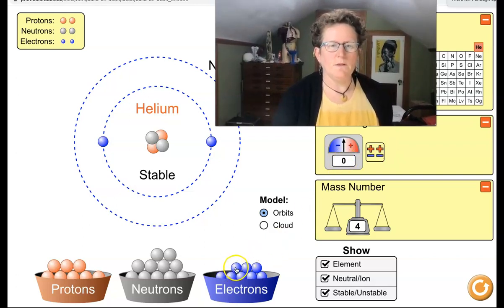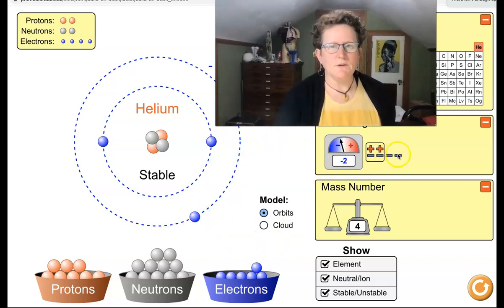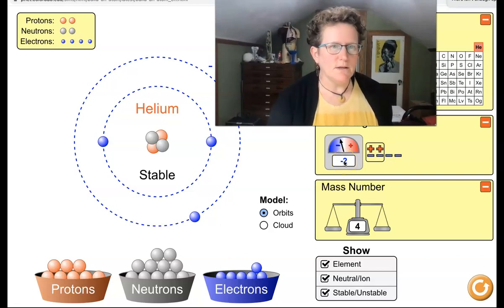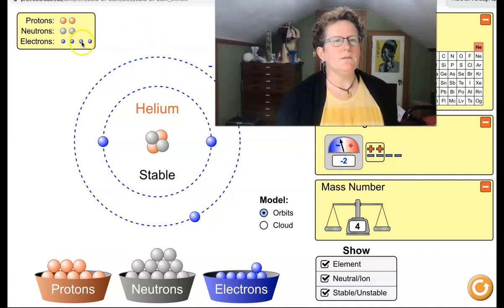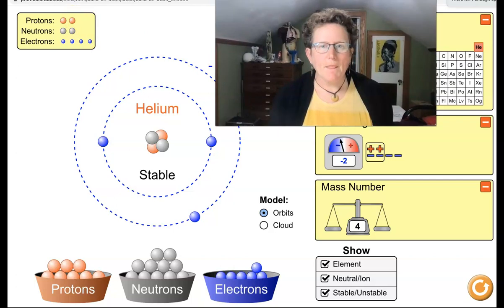If I add more electrons, which would not really happen in helium, I have 2 extra electrons and I have 2 negative charges that don't have a positive charge to balance them, so my total charge is -2. You can see up here that there's 2 more electrons than protons, so it's an unbalanced atom and it has a charge of -2.